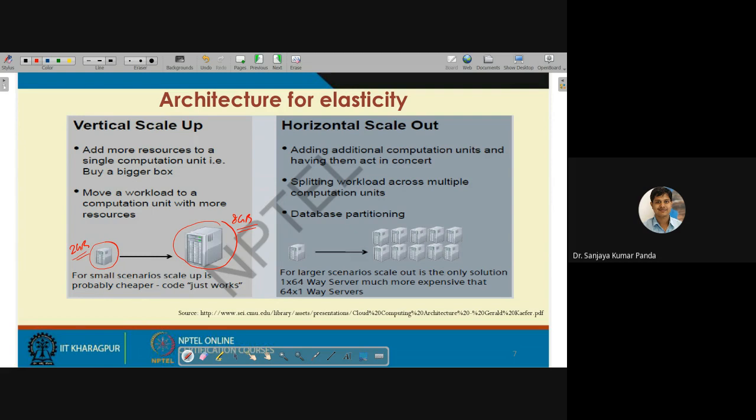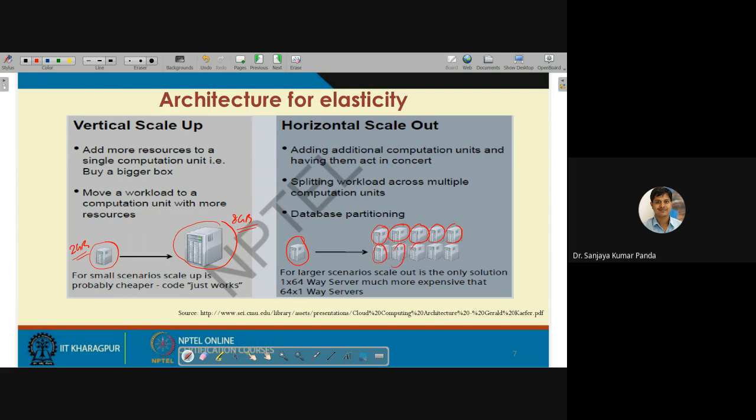But when there is a spike in demand, a sudden change, in that case you should not go for vertical scale up. Horizontal scale out is adding additional computational units and having them act in concert. Here you are using one server, and I am adding similar servers for your work.